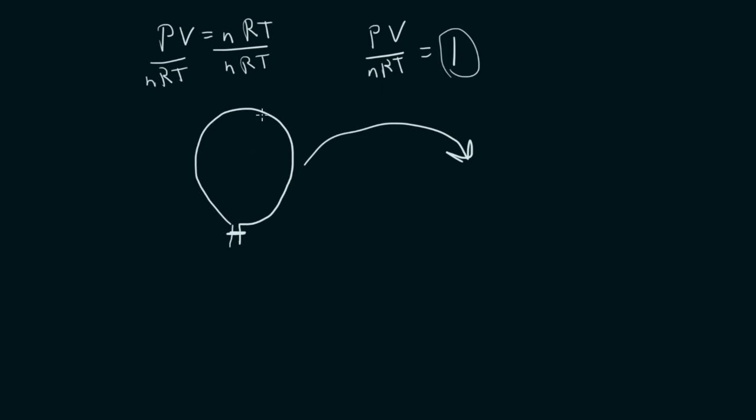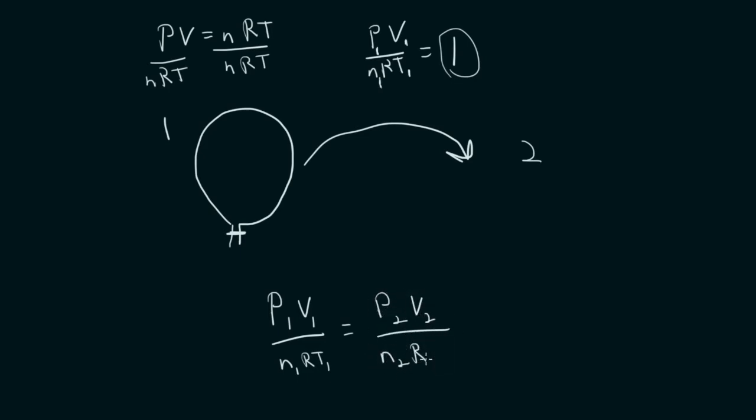So if I've got the volume of a gas here, and I call this my number 1 state, and I want to go, when it gets colder, to number 2 state, I can just label all of these as 1s. The gas constant always stays the same. So I can say P1 V1 over N1 R T1 is going to equal P2 V2 over N2 R T2.